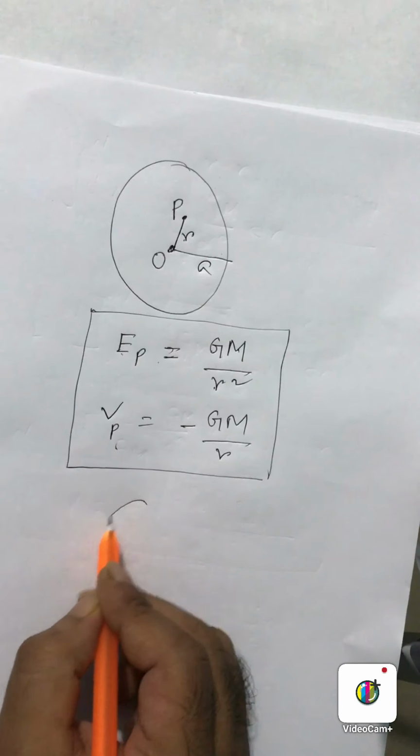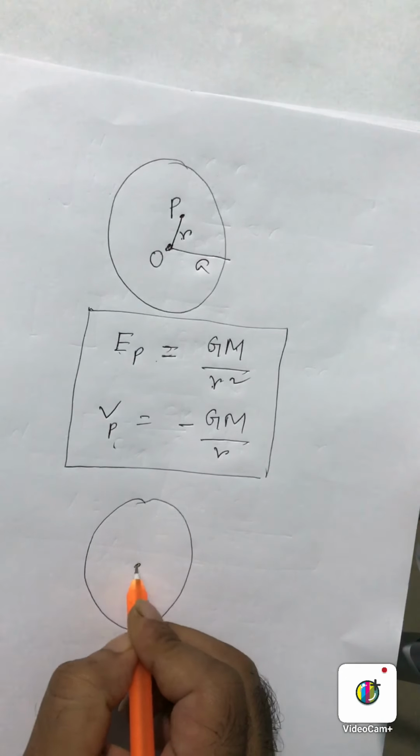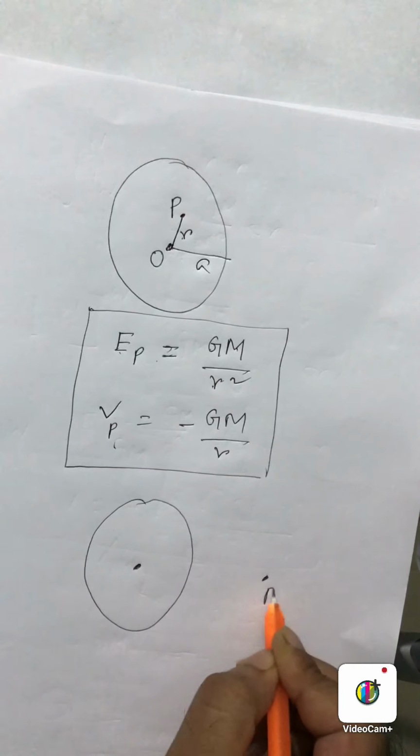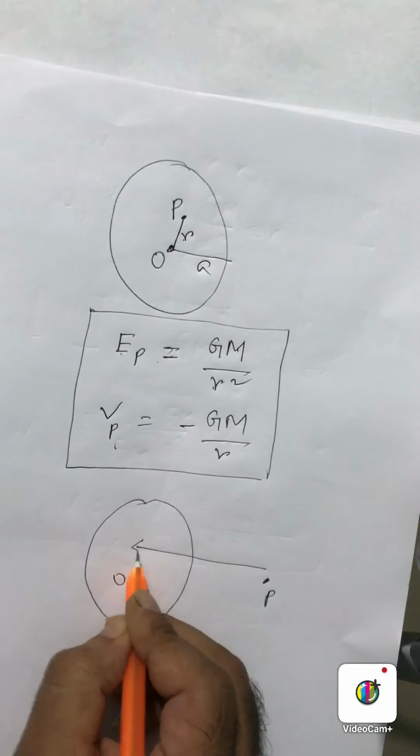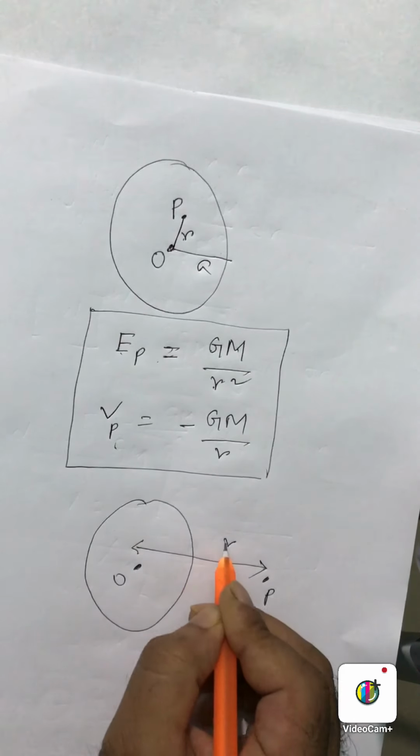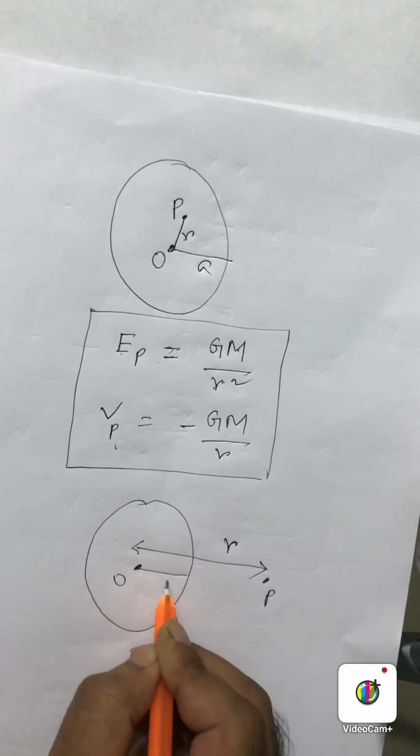At any point outside the hollow sphere, P is the point outside the hollow sphere, the distance from the center to point P is r, and the radius is a.